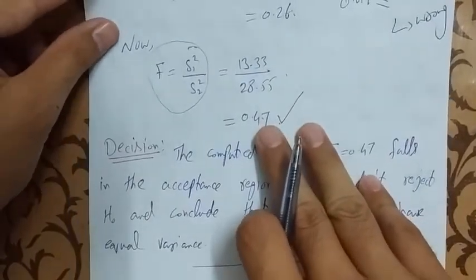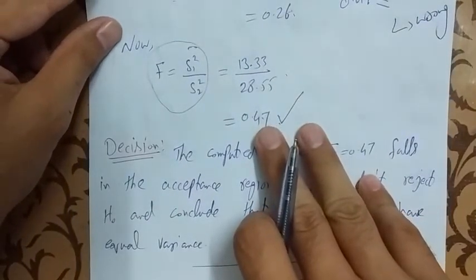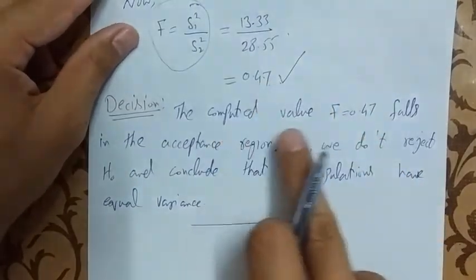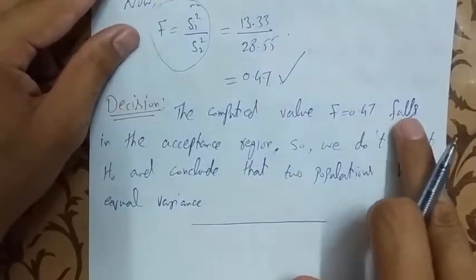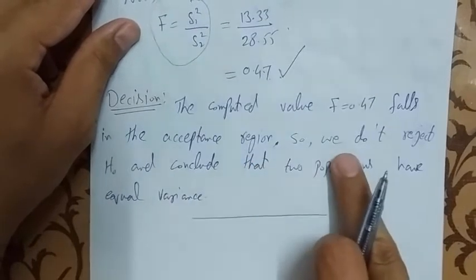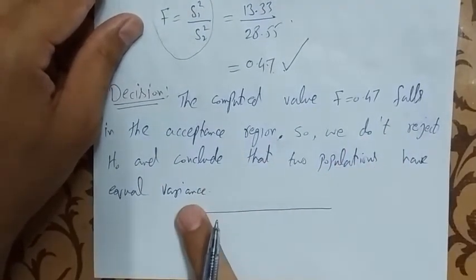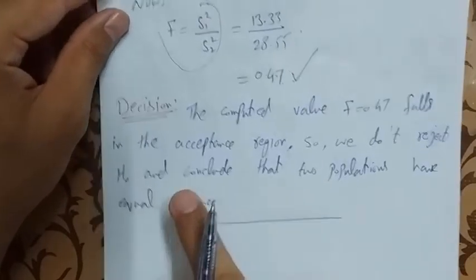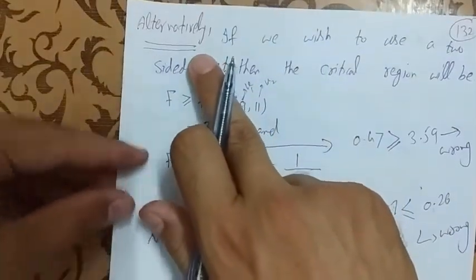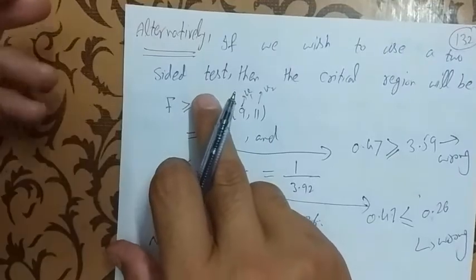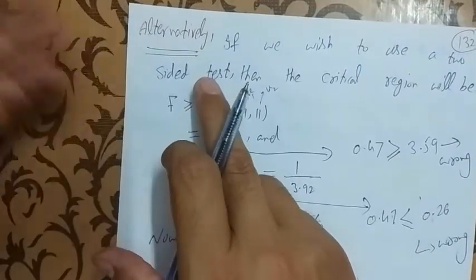Then I accept our null hypothesis. So the computed value of F, 0.47, falls in the acceptance region. So we do not reject H0 and conclude that the two populations have equal variance. Understand? This is the alternative procedure for question number 2, and it's up to you whether you adopt the alternative or the previous one.